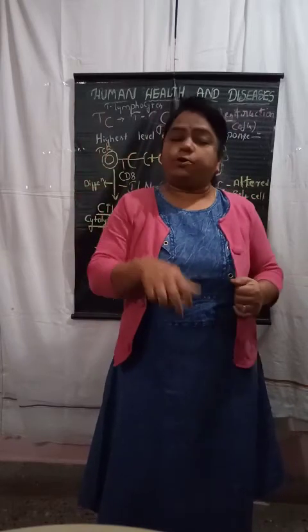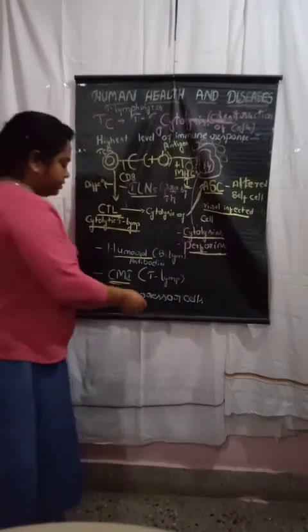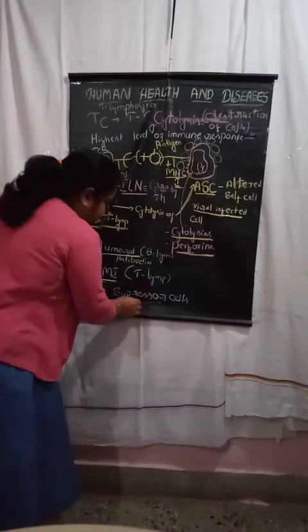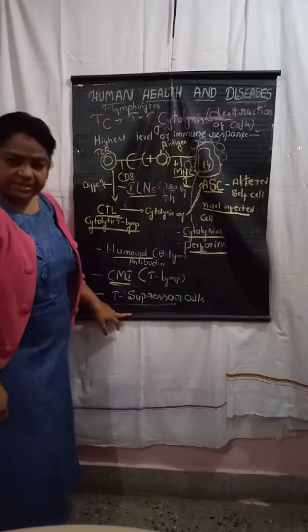And that function is done by whom? It is done by a group of cells which we call T suppressor cells.